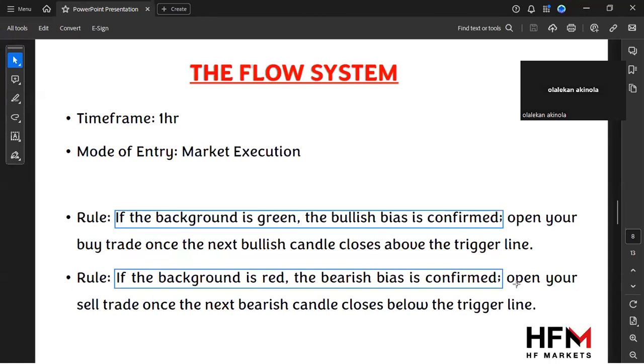It also says if the background is red, the bearish bias is confirmed, which means if your direction on the market is to look for further downside, and you find a red background, it is confirming your bias in the market. So one major thing that the flow system can offer you is a bias confirmation, which means it can save you from some bad trades.